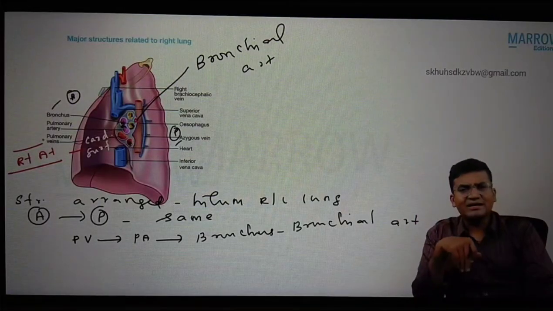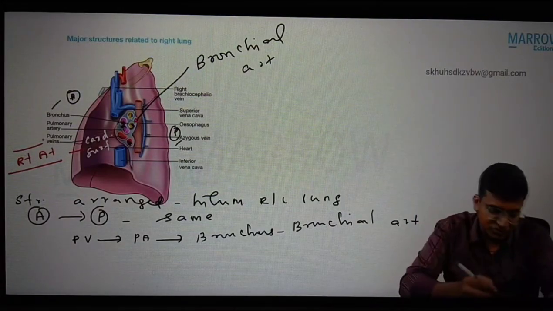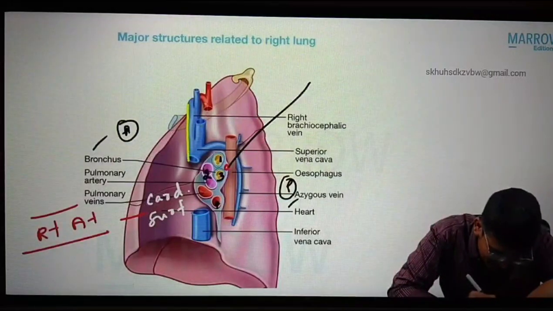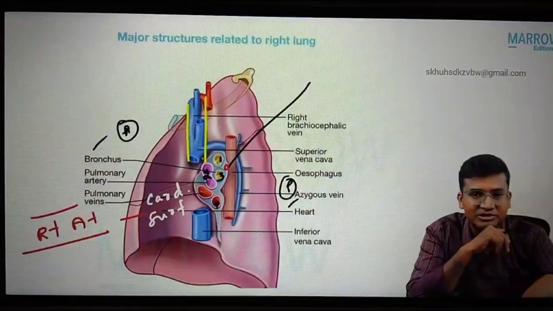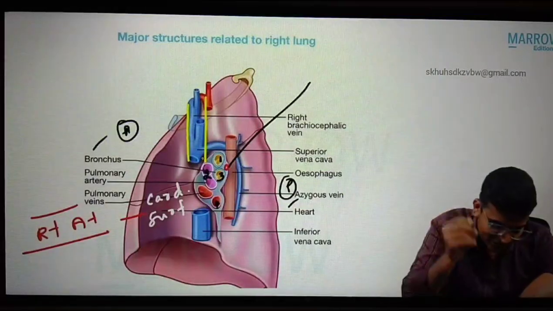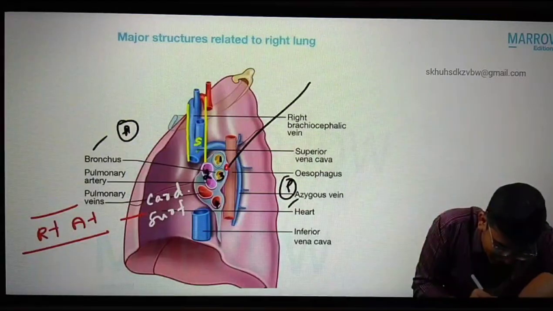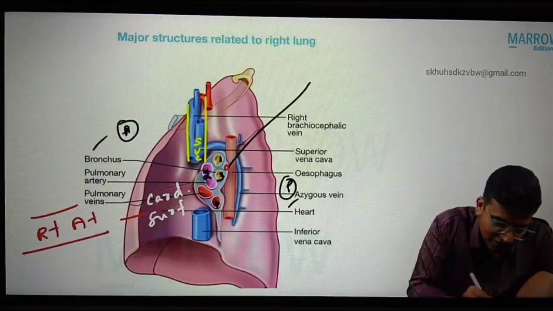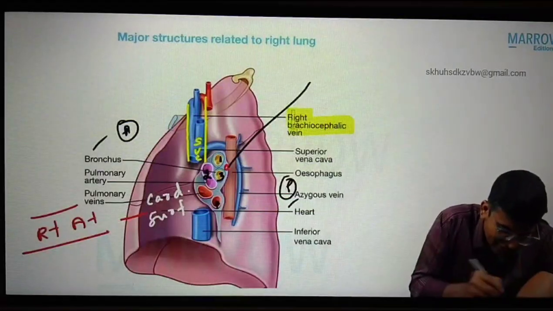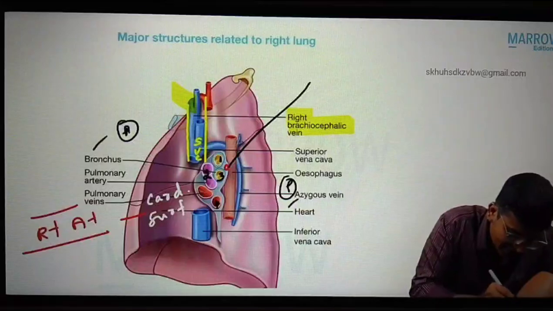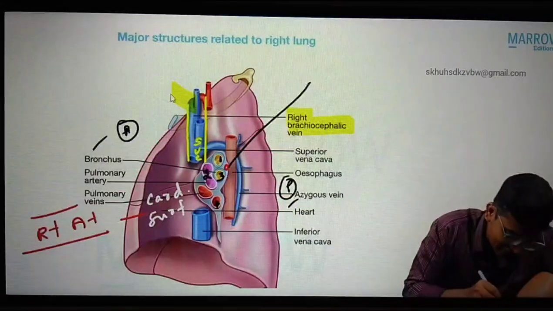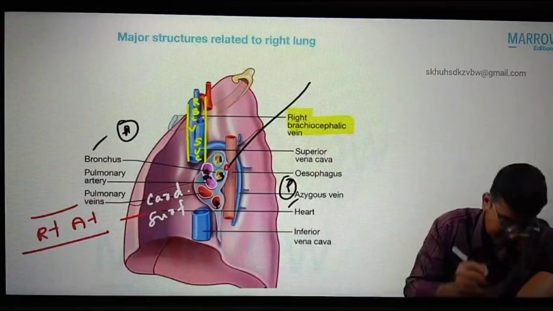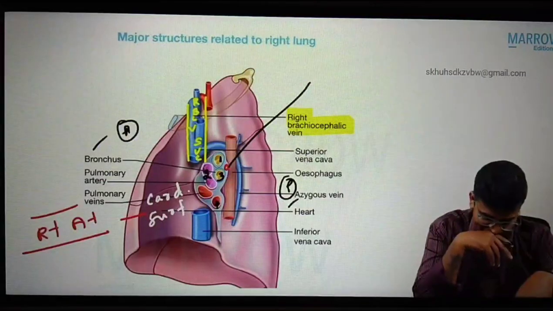Now, above the cardiac impression, you see one vertical groove. Can you see the vertical groove here? Yes. The lower part of the vertical groove is for the superior vena cava, and the upper part of the vertical groove is for the right brachiocephalic vein. Clear? Right.